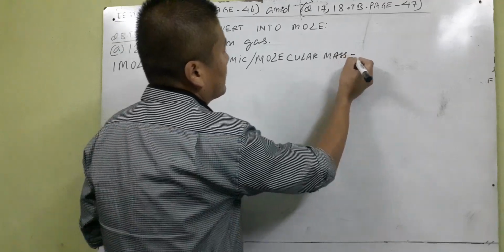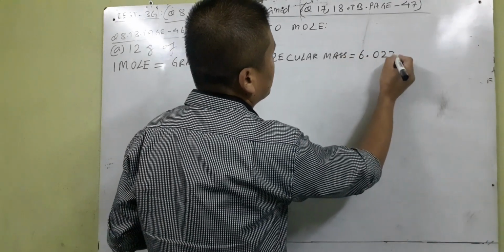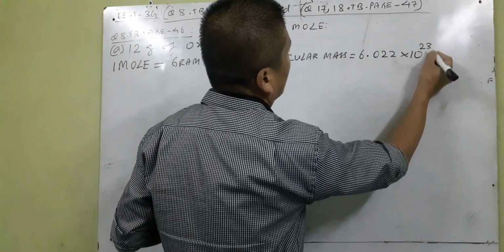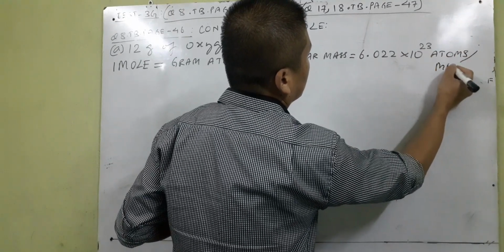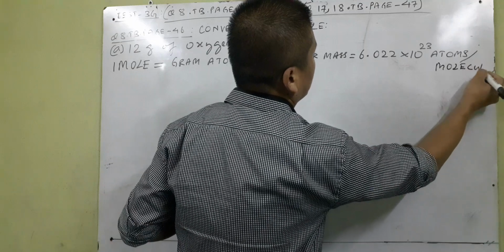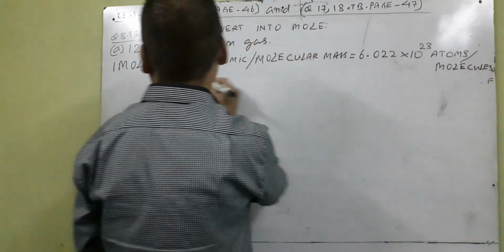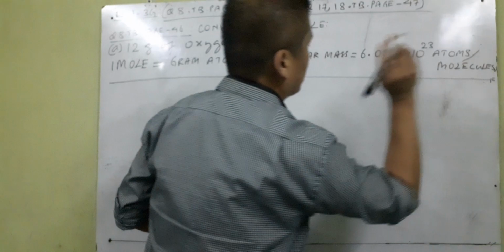And we know this is equal to the Avogadro number, 6.022 into 10 to the power 23 atoms if it is atoms, and molecules if it is molecules. We absolutely need to know this formula because everything is going to be based on it.